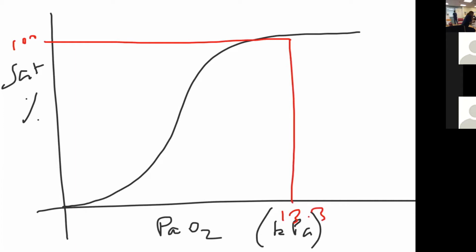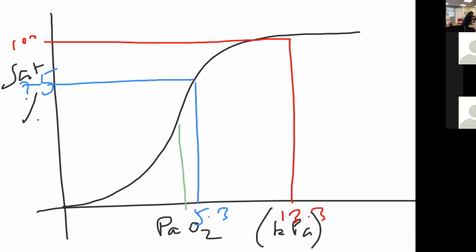Your typical venous oxygen saturation would be around 75%, which corresponds to a venous oxygen tension of 5.3 kilopascals. The P50 value describes the oxygen tension at which hemoglobin is 50% saturated, and normally that is 3.5 kilopascals, but it can be affected by a variety of factors.